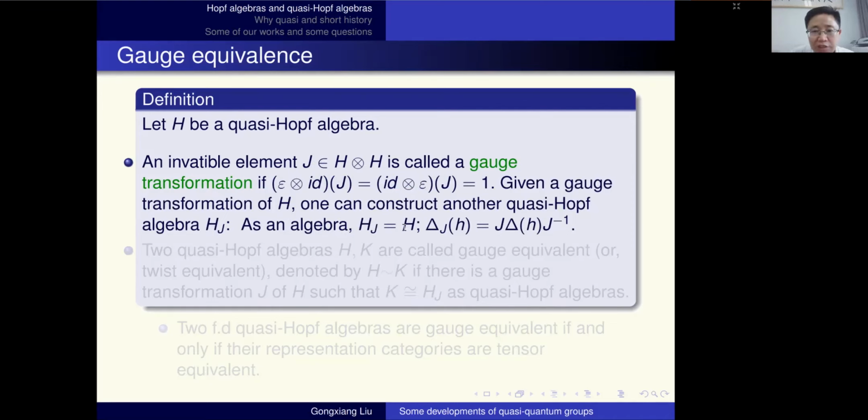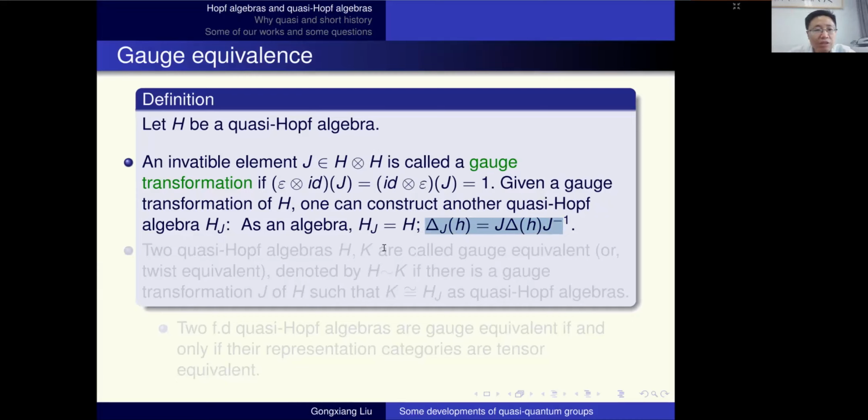If you change your coproduct, the associator will be changed accordingly, and other elements too, and you get another quasi-bialgebra or a new quasi-Hopf algebra. But I need to remind you, the difference is just the coproduct. The coproduct is changed up to a conjugation by J.